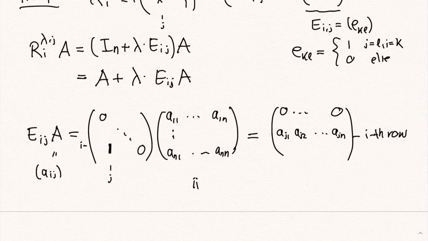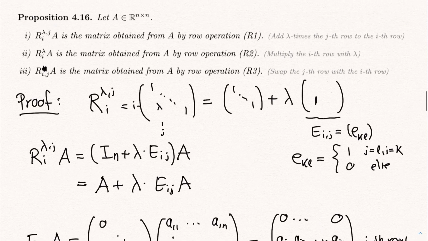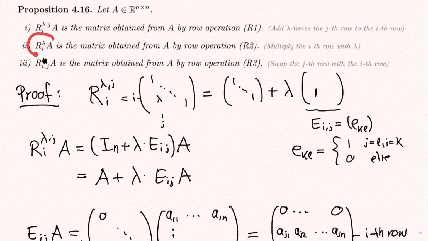And 2 and 3 are with a similar but maybe even easier argument. If you see what happens when you multiply this matrix with A, if you take the identity matrix but at some point you have a lambda, then you get exactly the matrix A, but the ith row gets multiplied by lambda.